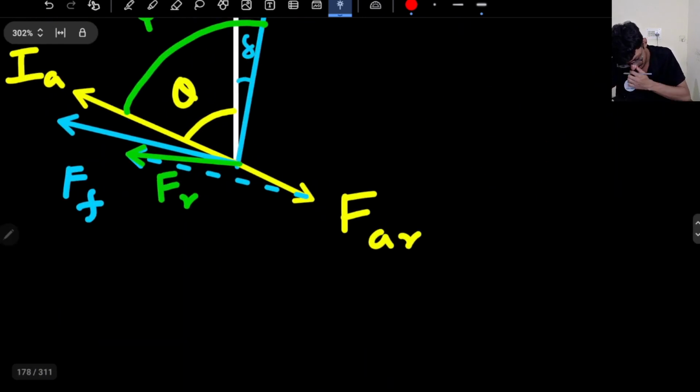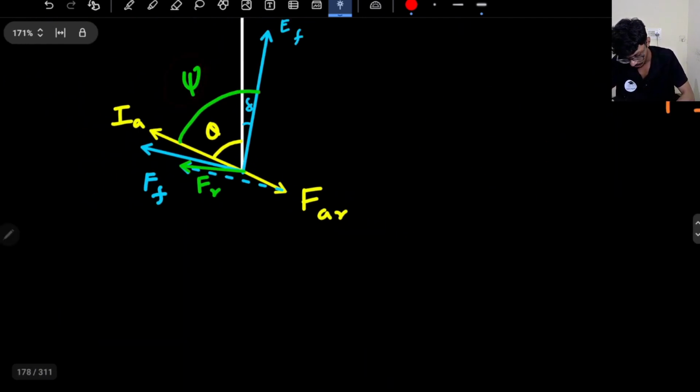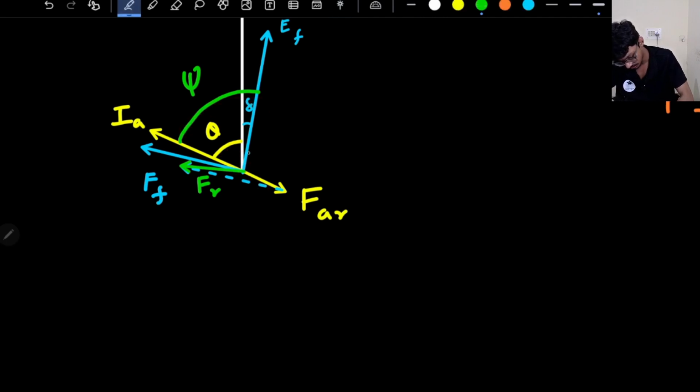This angle is xi, and this angle is 90. This whole is 180. So how much will this angle be? This angle will be 180 minus xi.